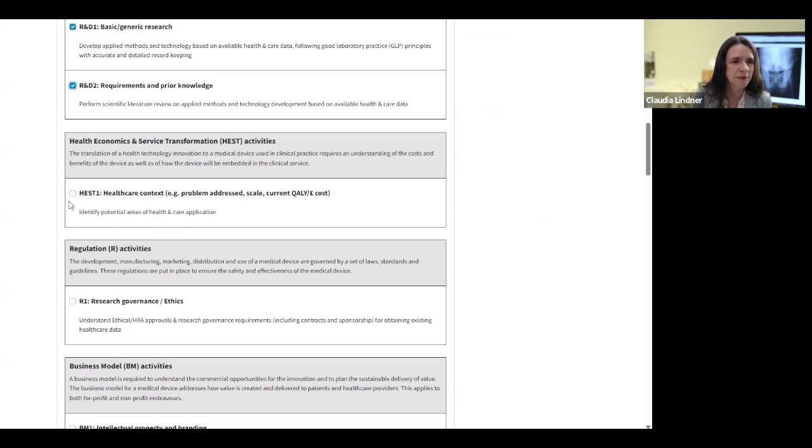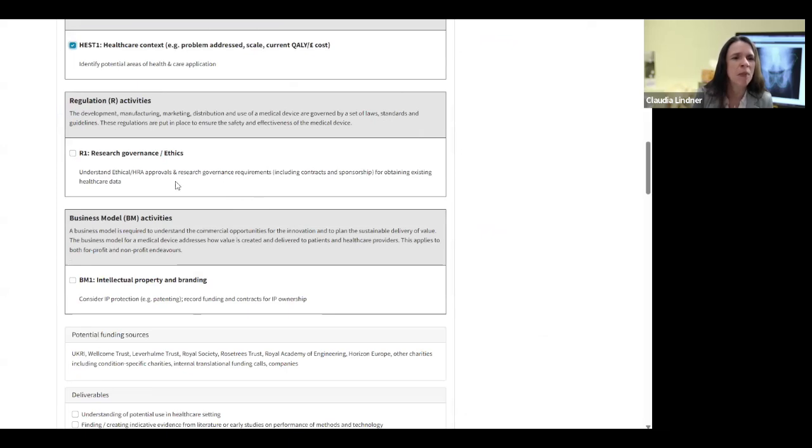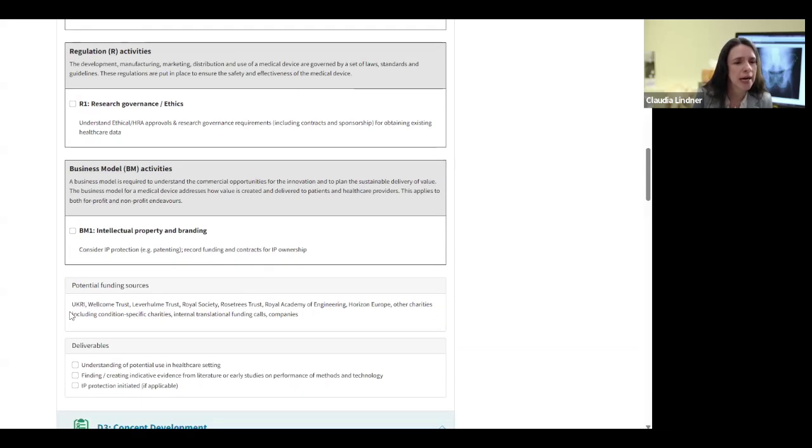You might have identified the health and care application that you want to go into, but maybe you've not really completed everything around ethical approval and data governance, and potentially you've not actually spoken to someone about whether there is an opportunity for patenting the innovation that you're developing. And so in terms of deliverables, you've got an understanding of your health and care setting, you looked at the literature as part of the R&D activities, but you've not initiated any IP protection.